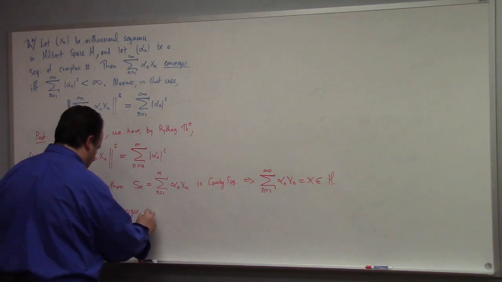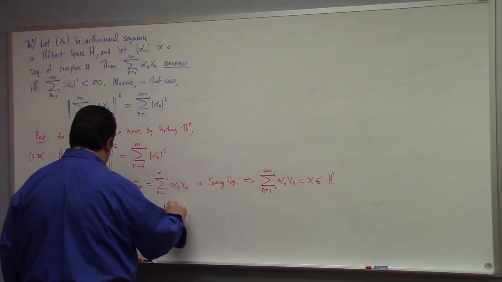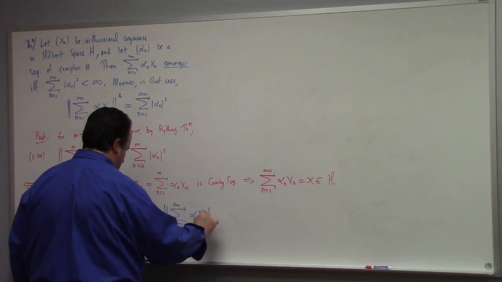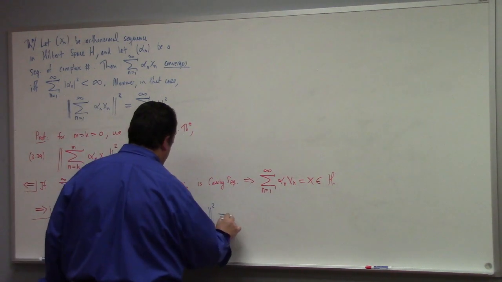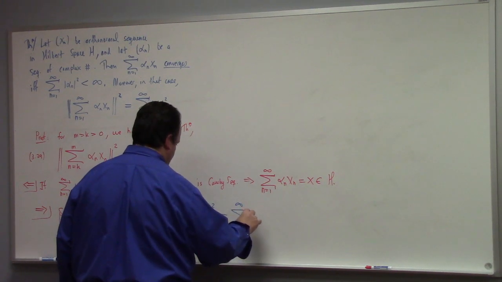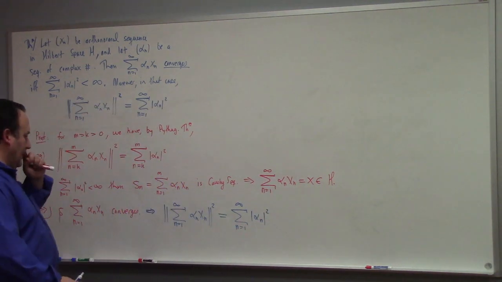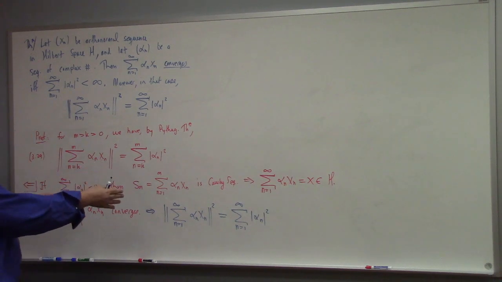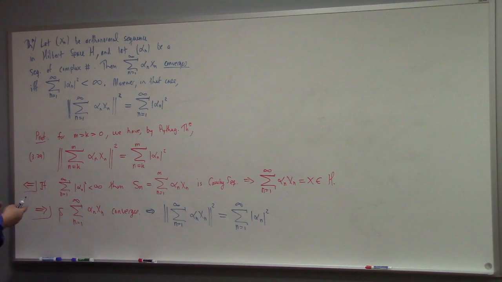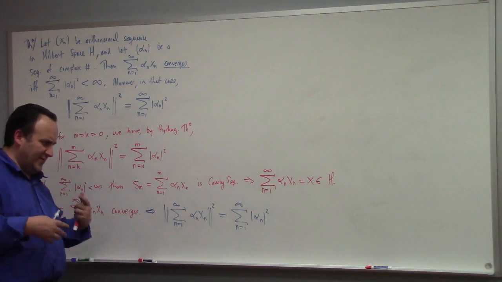So if we know that's equal to the sum of the alpha n squared, the sequence of numbers of that series has to be Cauchy in R. I'm not quite sure why it has to be Cauchy in R actually. I mean, by 3.29, this is equal to that in the limit, right? Yeah, exactly. And if this converges, that means that the norm converges, which then means that the square of the norm converges by our previous theorems.